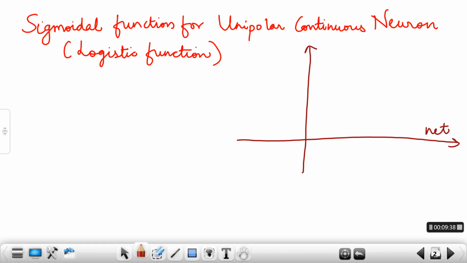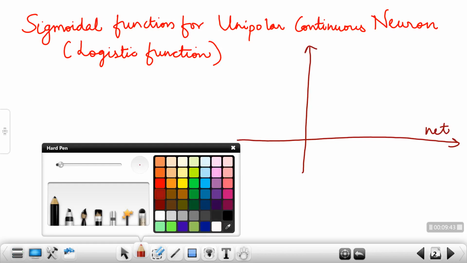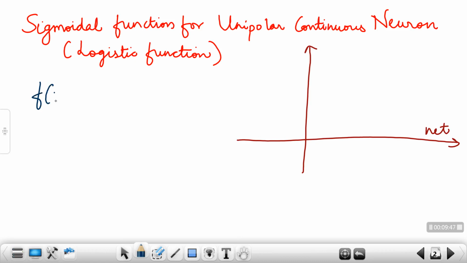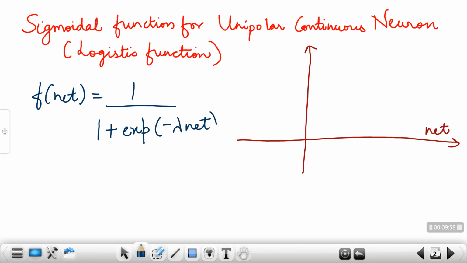It is a sigmoidal function for the unipolar continuous neuron. The equation is f of net equals 1 upon 1 plus exponential of minus lambda net.